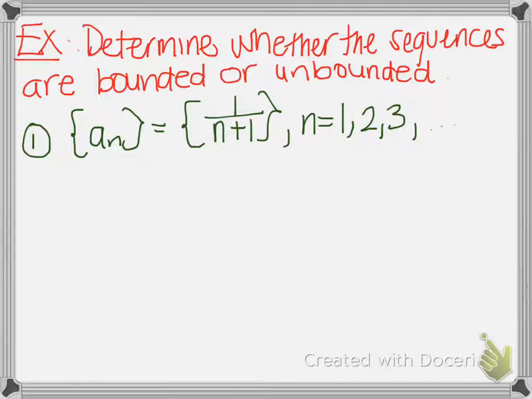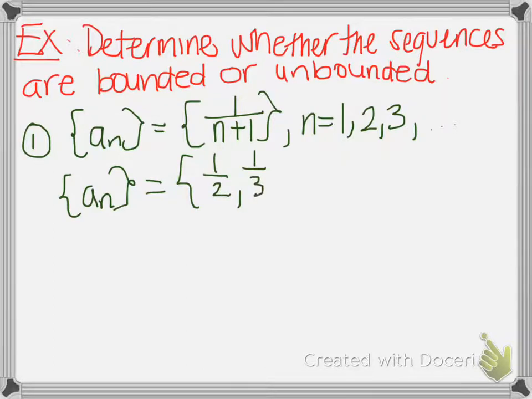One way to determine whether it's bounded above and below is to look at some of the first few terms of the sequence. Since we're starting with 1, our first term would be a half, and then a third, and then a fourth, and dot, dot, dot.